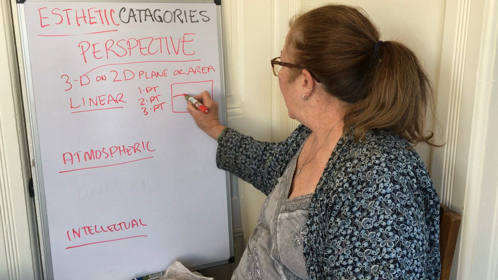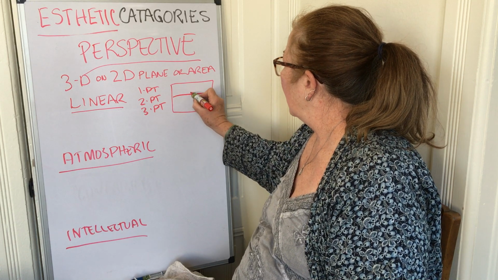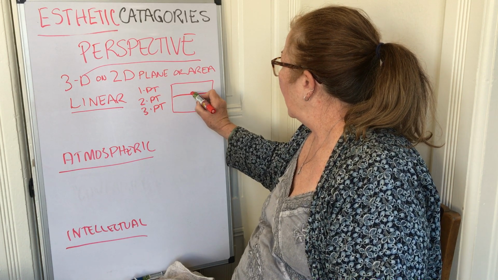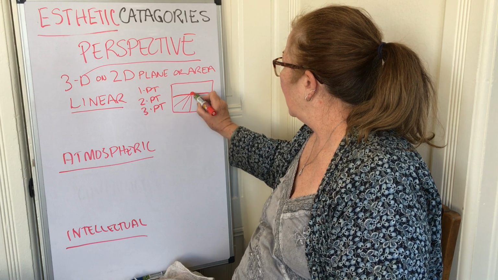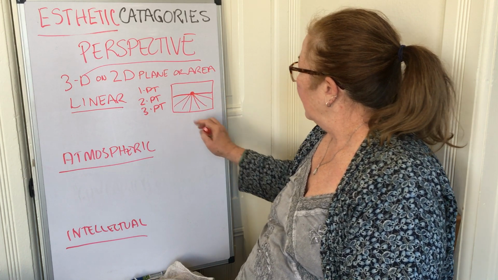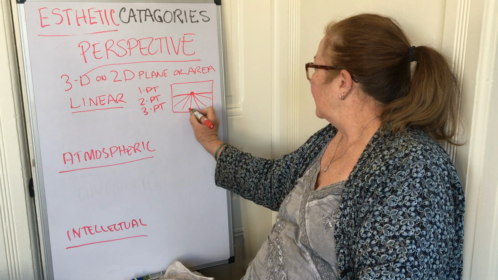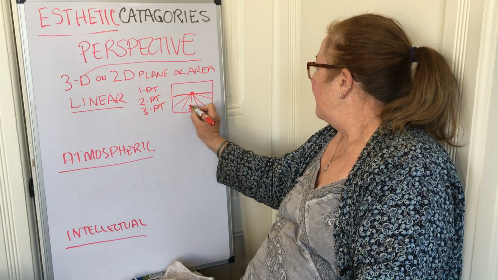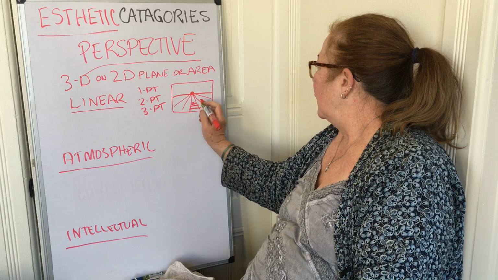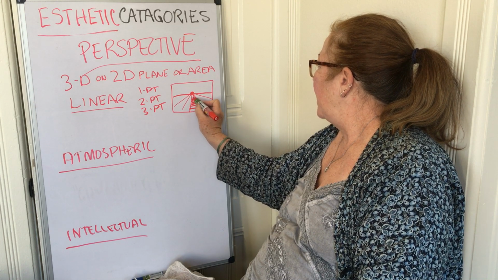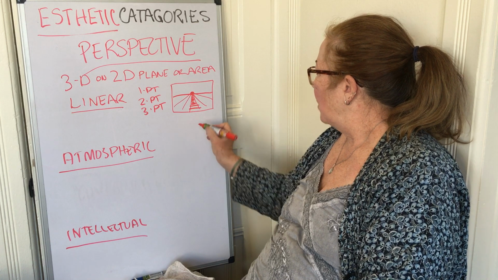1-point perspective is something like this. You've got a picture plane, that's the horizon line, there's a point in the middle, and everything disappears into that point. So things in the front seem larger. Here I might have a railroad track. The tracks seem larger here, and as we go further back, they come together and get small.